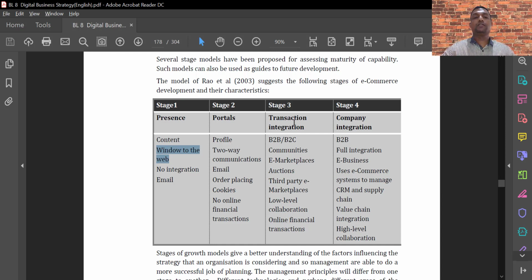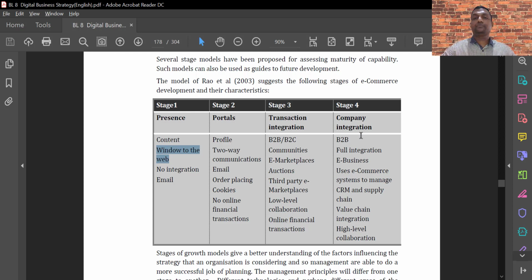Stage 3, the portal is now improved to handle transactions, and transactions means the whole marketplace concept, auctions, financial transactions are possible. So this transaction type of capability can be added to portals. So that is stage 3.